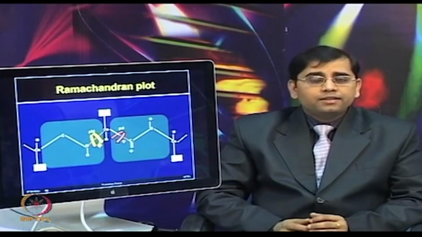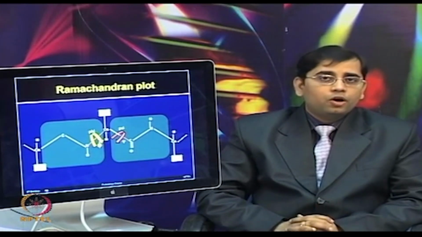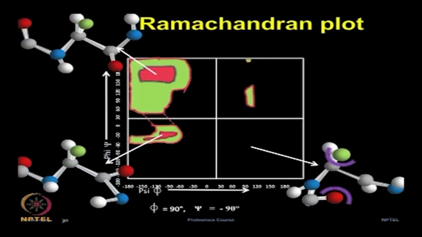Therefore, steric exclusion can be a powerful governing factor for organizing such a plot. Now, you can see it more clearly in this slide, the Ramachandran plot, where most favorable regions are shown in the dark green color and less favored regions are shown in the light green.